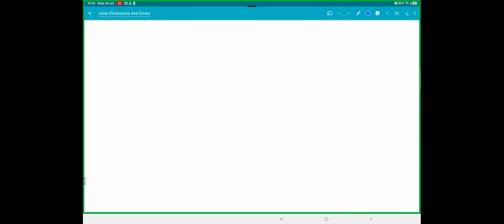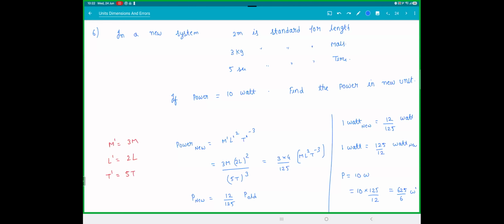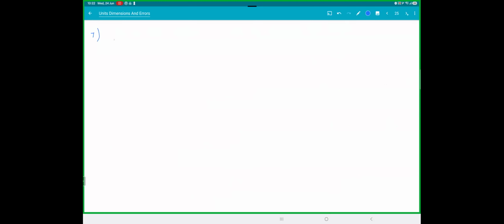Let's do one more. In a new system, alpha kg is taken as standard for mass, beta meters is taken as standard for length, and gamma second is taken as standard for time.